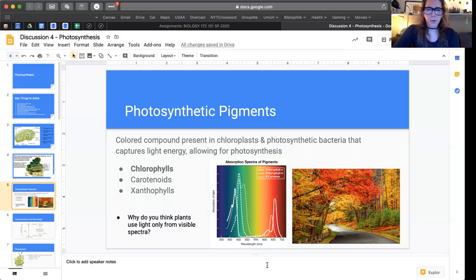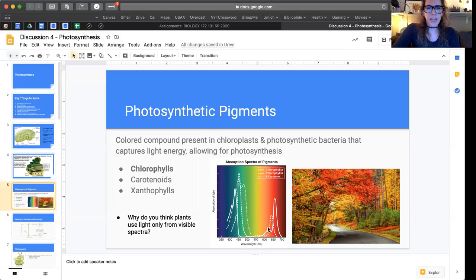And one important thing to know is that in the fall, in the autumn, when chlorophyll begins to break down because of the temperature and because the days are getting shorter, a lot of these chlorophylls start to break down. And when that happens, the colors from the accessory pigments actually show up more. So that's why we see a transfer from this area of the visible light spectrum over to this.